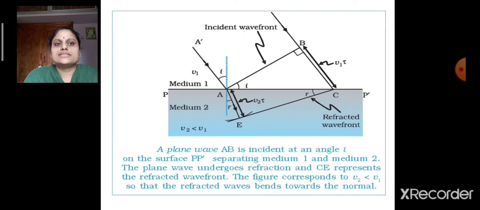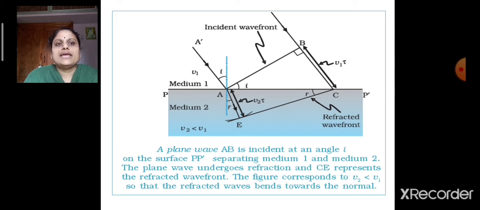That is, by the same instant of time tau, a ray from A would have reached the point E. To get the refracted wavefront, we mark the distance V2 tau using the compass and draw a tangent from this curve to the point C. Then EC will form our refracted wavefront.